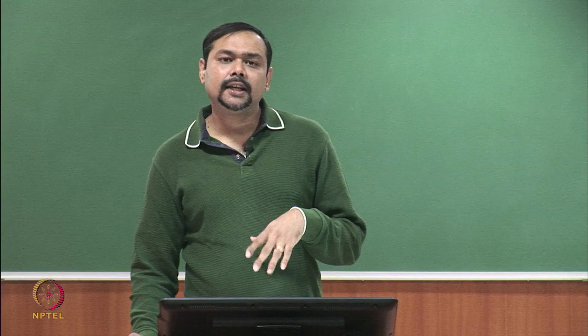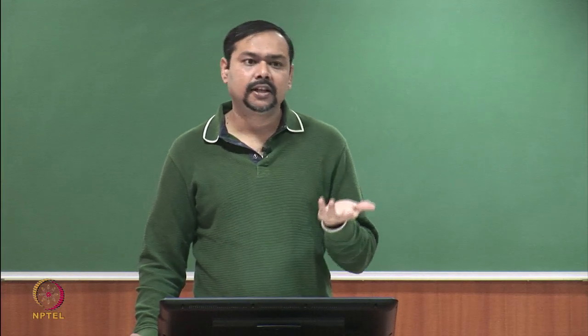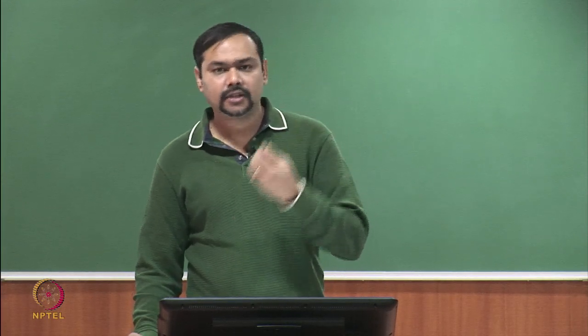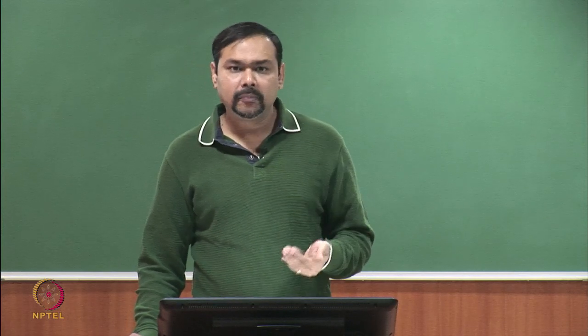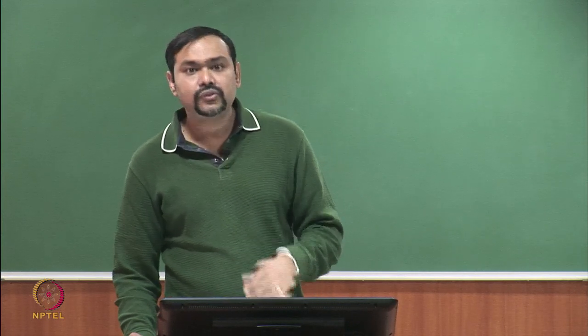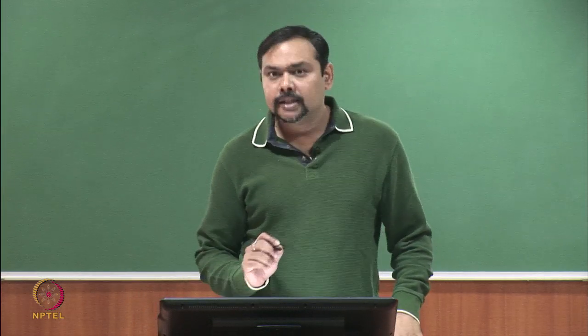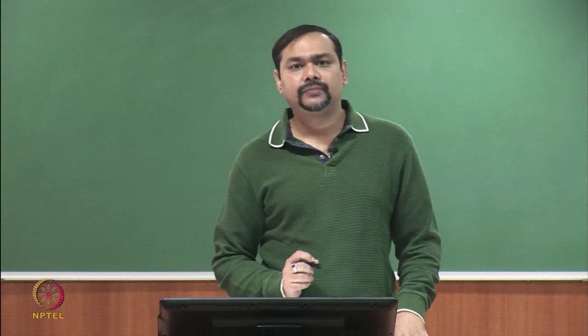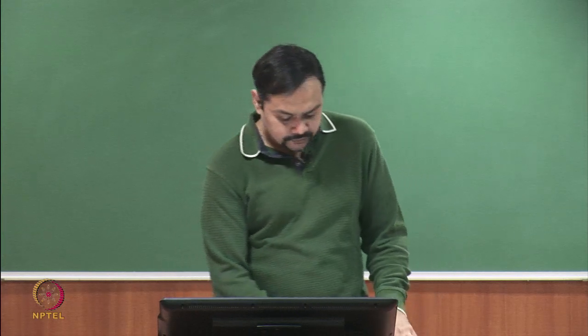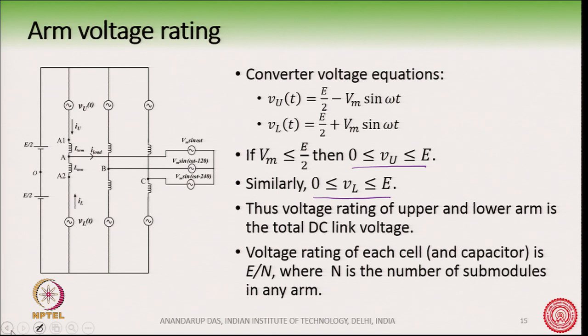Then, by considering all these factors as well as the loss and many other dynamic performance, we choose this value of capital N, how many cells. But the starting point of this calculation comes from the fact that the minimum voltage rating is capital E by N. So, this is the starting point of the design.